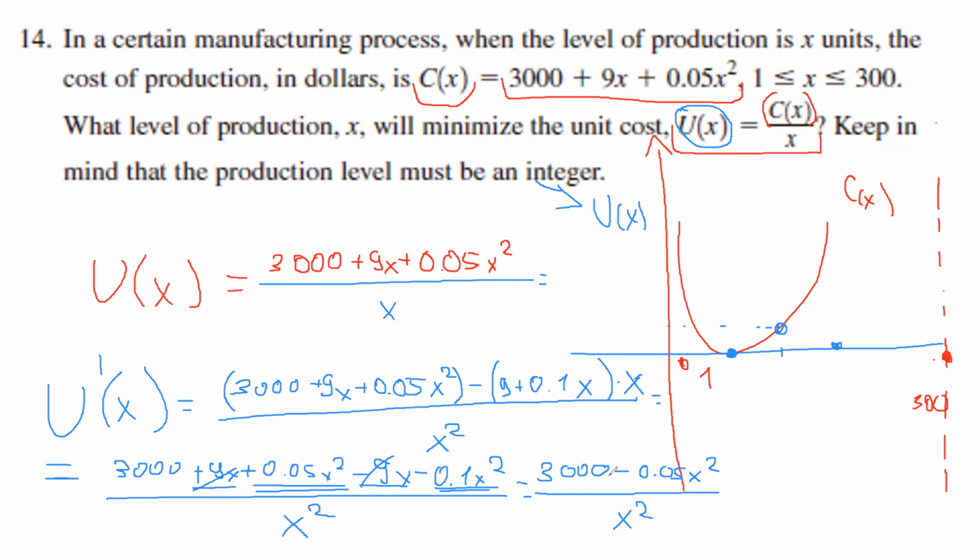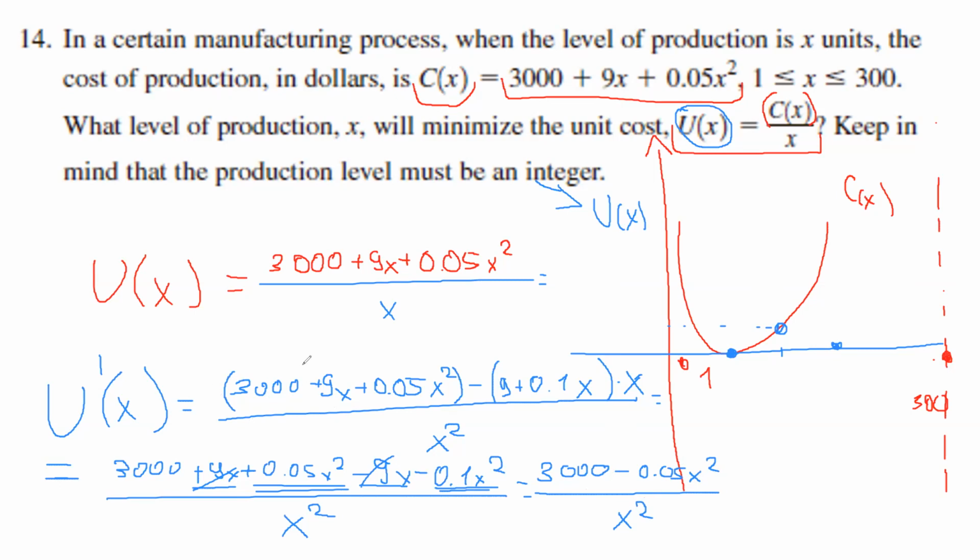You would find the zeros. So we would say derivative equals 0, right? We need to find the minimal value of this, right? To make it as small as possible.